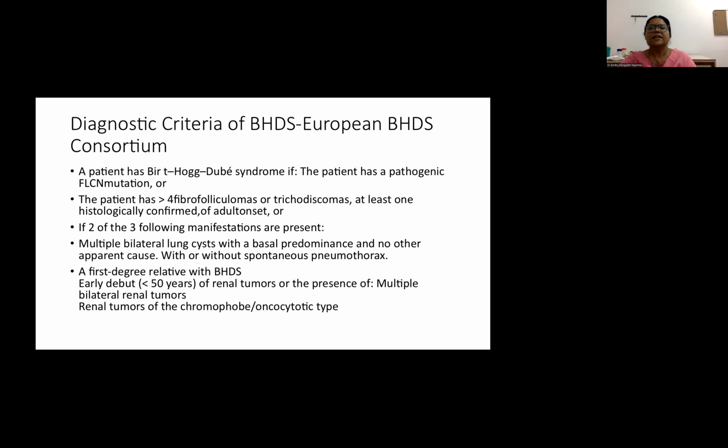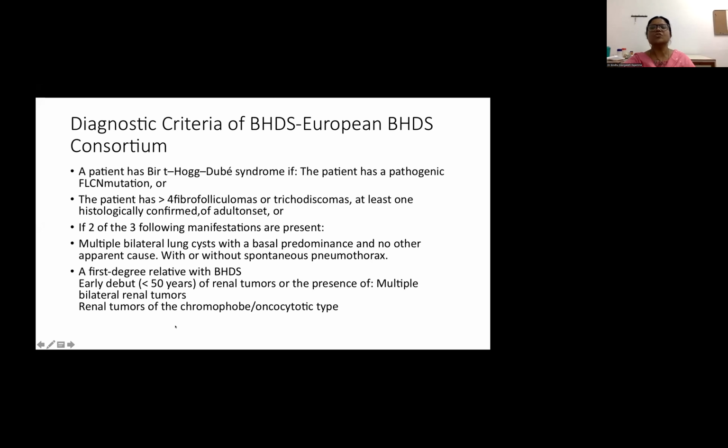So the European Birt-Hogg-Dubé syndrome consortium has come up with a diagnostic criteria for the same, and this includes the patient if 2 or 3 of the following manifestations are present, like multiple bilateral lung cysts with basal predominance, and a first degree relative with the Birt-Hogg-Dubé syndrome, or onset of renal tumors in less than 50 years, as we saw in our case, which is multiple and bilateral.